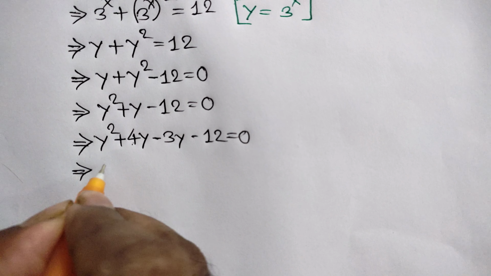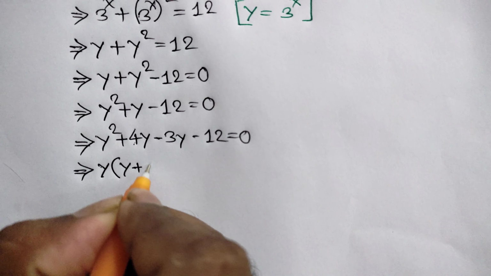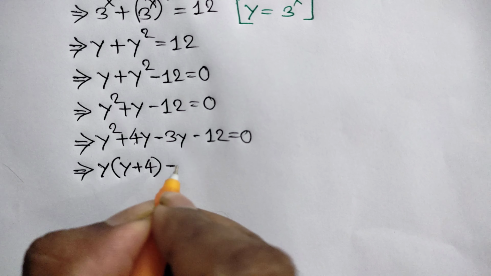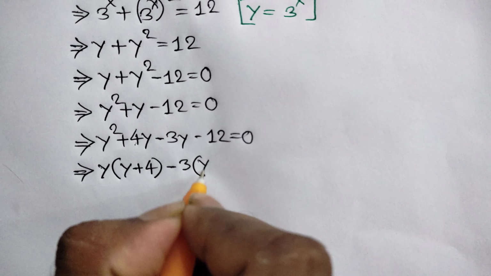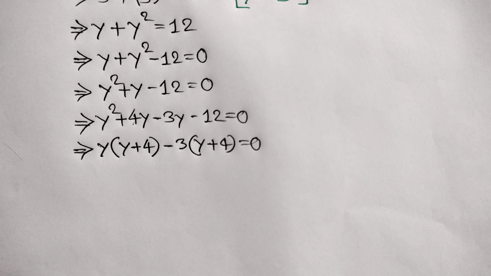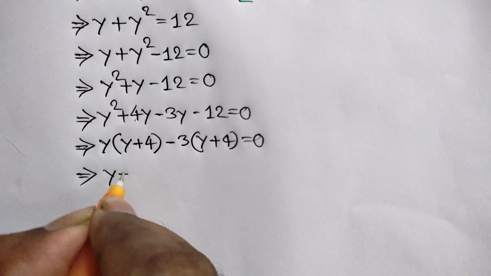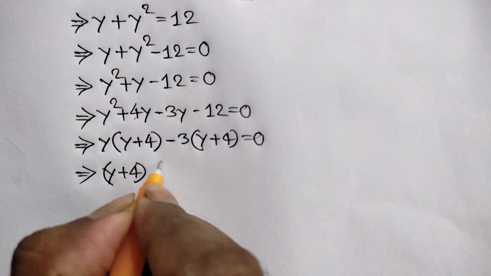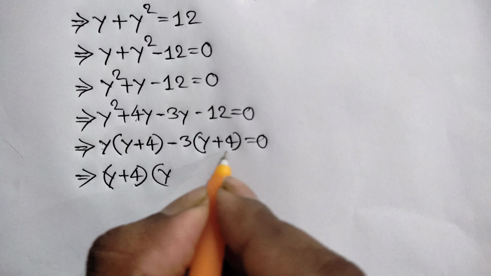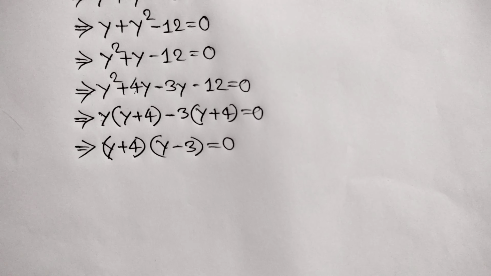Now taking y from the first two terms, we get y plus 4, and taking negative 3 from the last two terms, we get y plus 4 is equal to 0. Now taking y plus 4 common, we get y plus 4 times y minus 3 is equal to 0.